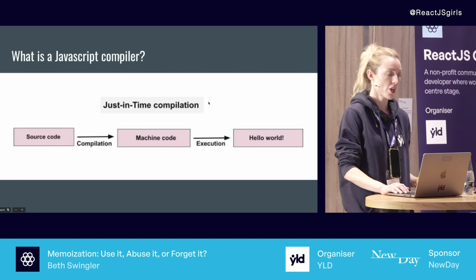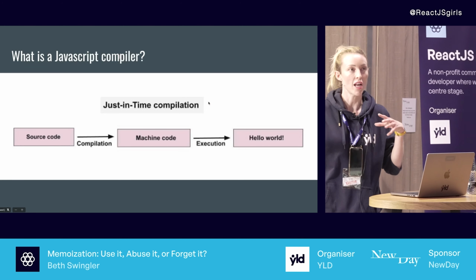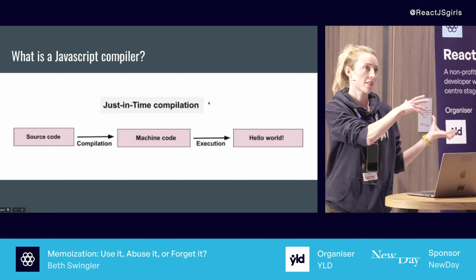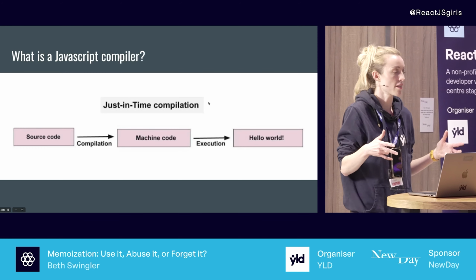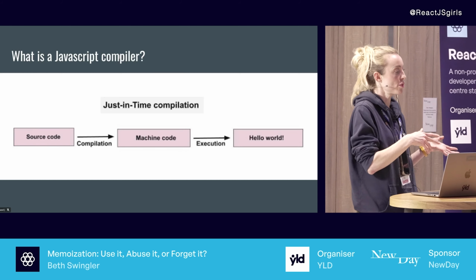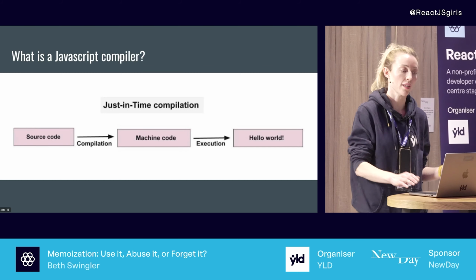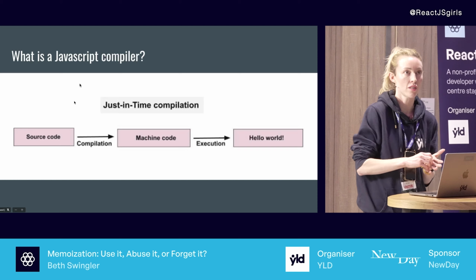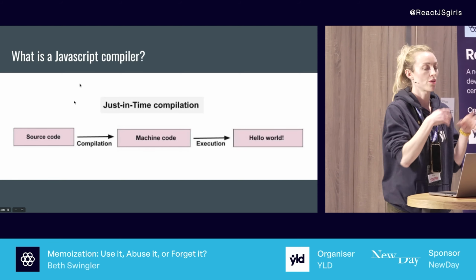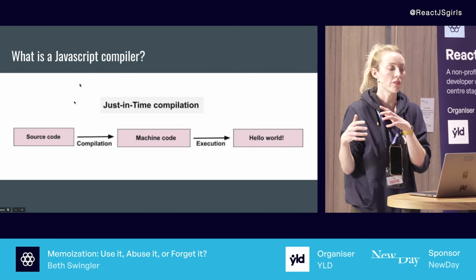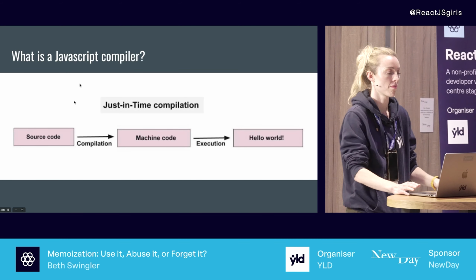Yeah. So briefly, in general terms, a compiler basically converts some symbols into other symbols. The symbols it converts into are usually more basic symbols, uglier symbols, but they're symbols that the machine can understand more quickly. JavaScript compilation, in particular, is just in time. It takes your ES6 or React code and basically compiles it to a lower level and then immediately executes it.